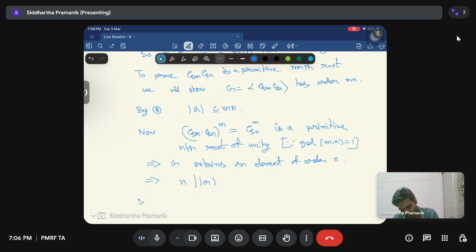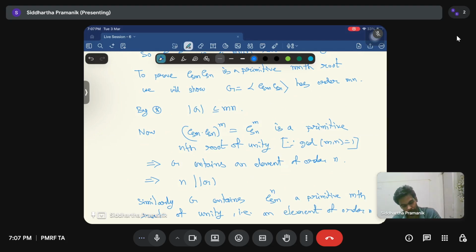And similarly, G contains zeta n power m... zeta m power n, a primitive mth root of unity, that means an element of order m, right?